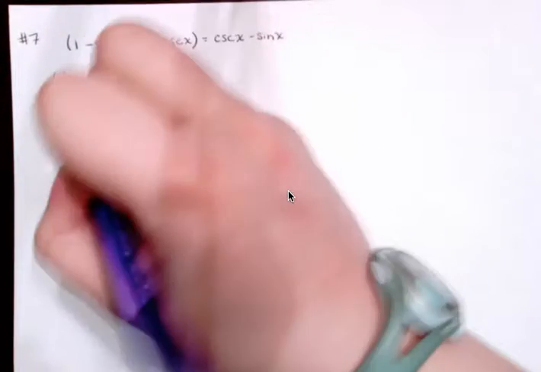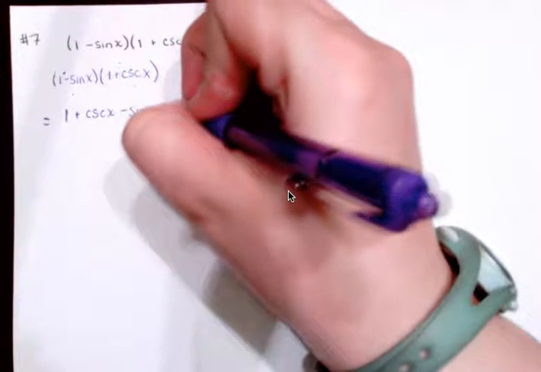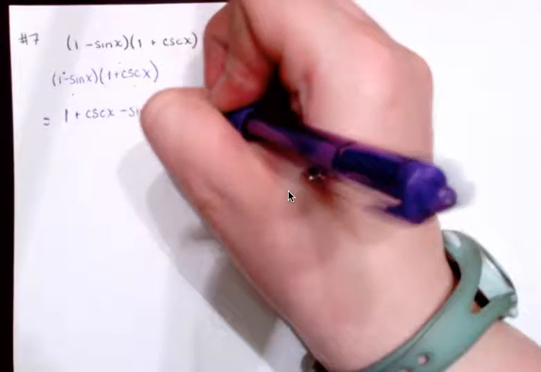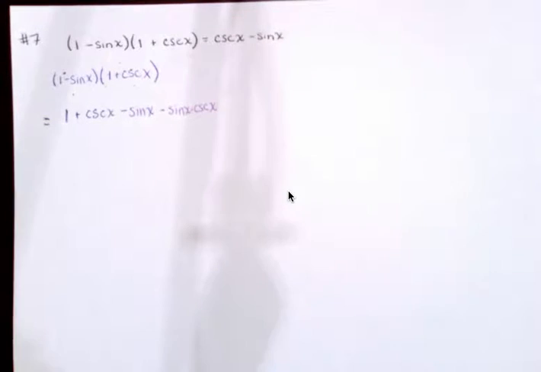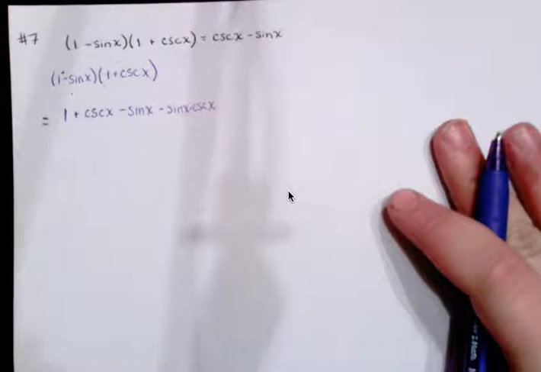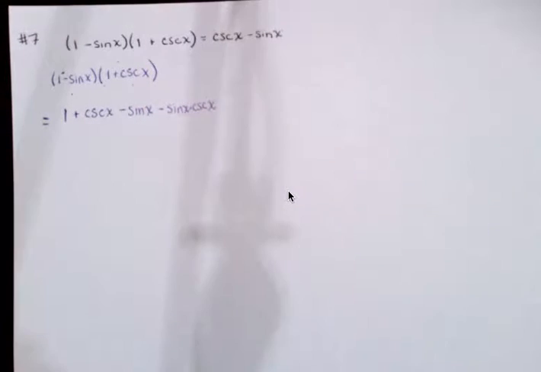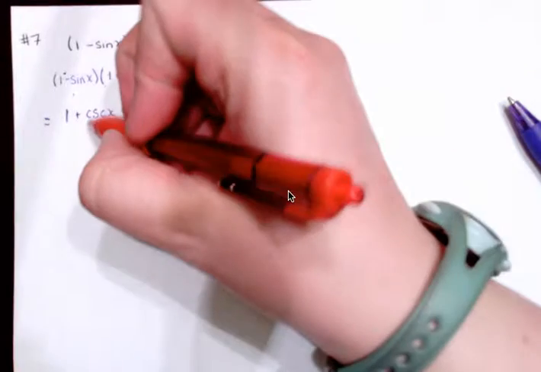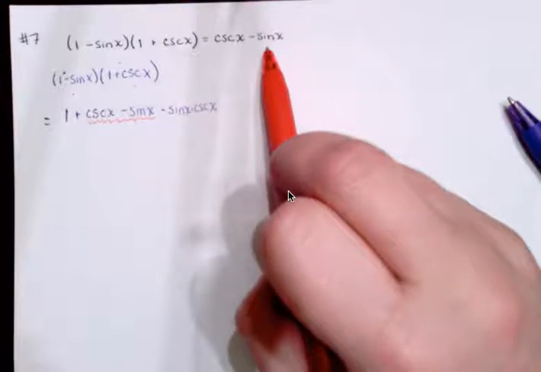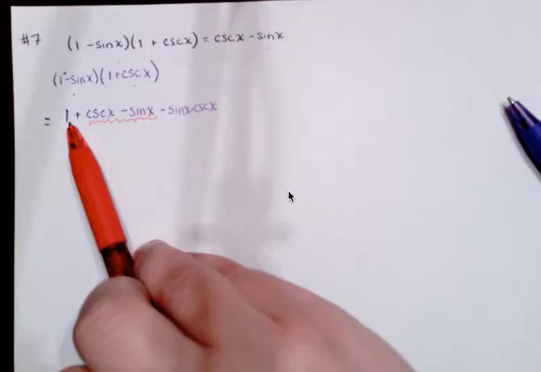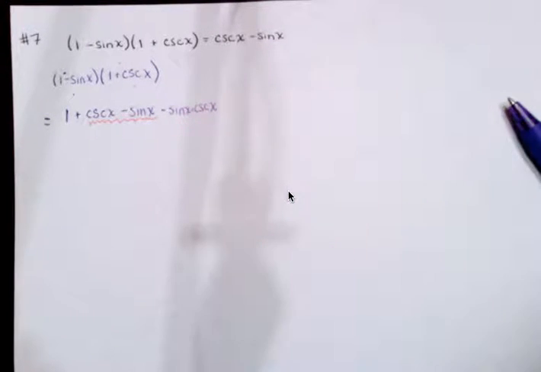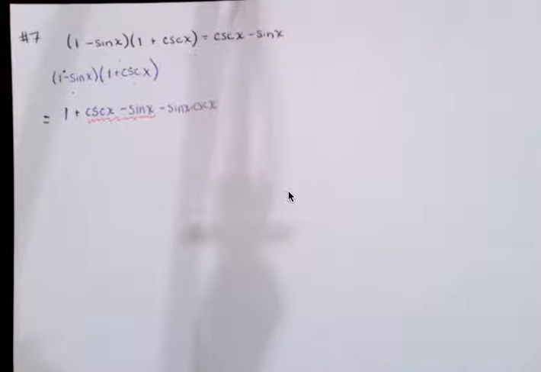And then negative sine of x times cosecant of x will be negative sine x times cosecant of x. So that's where I'm stuck at. I kind of already can see part of my proof lining up. This is a lot like my proof. But I still have this pesky 1 and this pesky minus sine x cosecant of x.